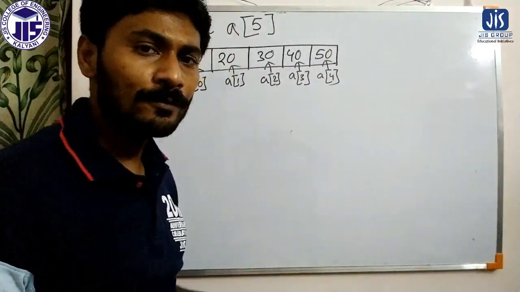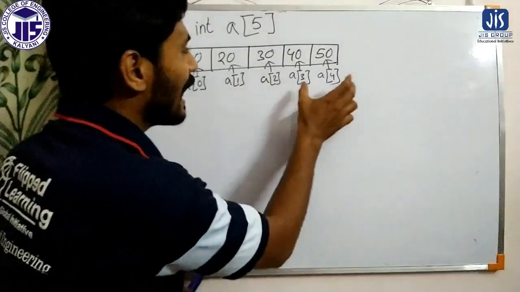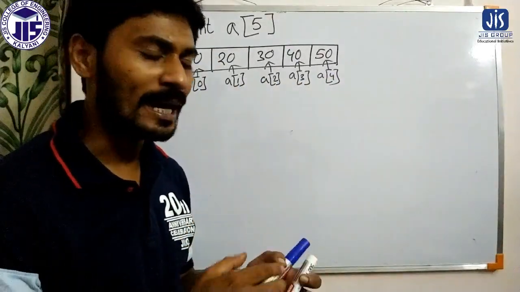Now what do we have to store? We have to store the address of these different elements of the array.